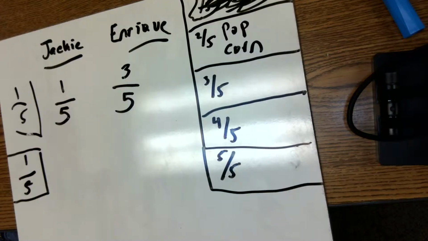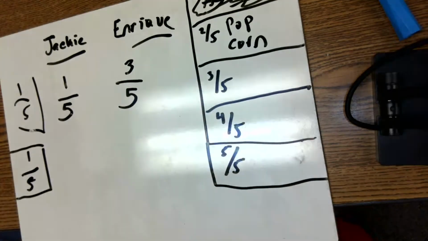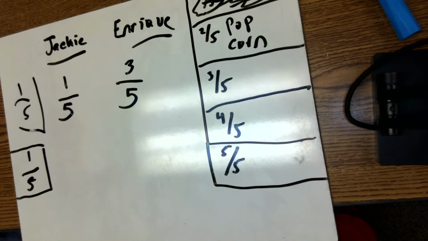List 3 ways they could have shared the remaining popcorn. Okay. So I already did one way. Give me a second way. Remember, 1/5 is already gone. That's why I put this over here. This is nothing different from what we're doing in class.